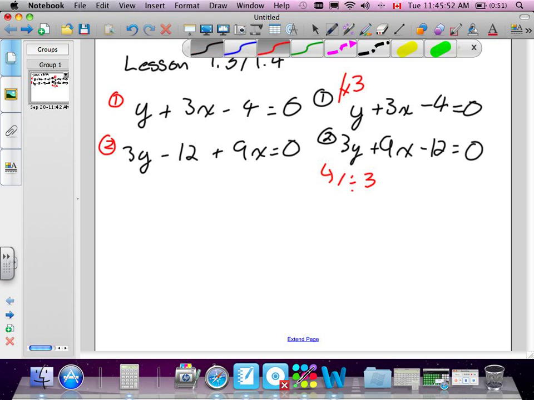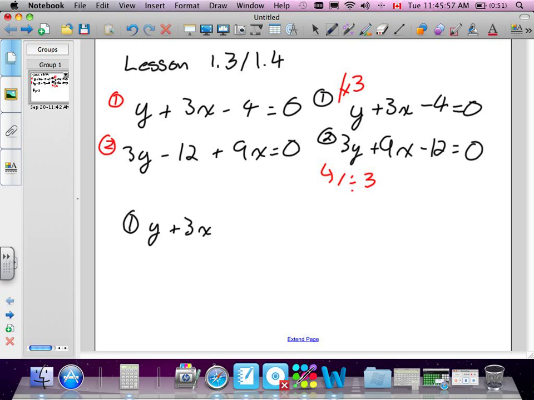So equation 1, y plus 3x minus 4 equals 0. I'm going to multiply. And whenever you multiply, you have to multiply both sides of the equation, every single term. So I'm going to multiply y times 3, 3x times 3, negative 4 times 3, and 0 times 3. I'm multiplying every term there.